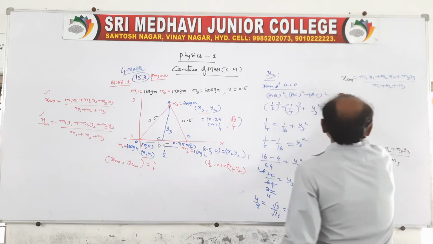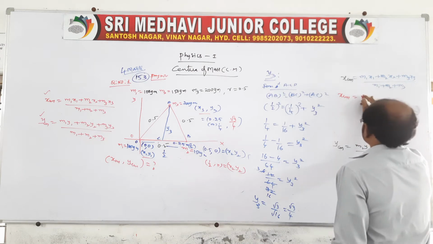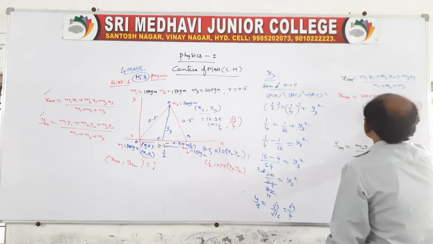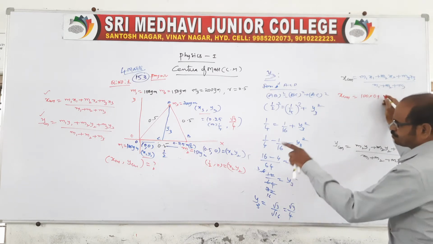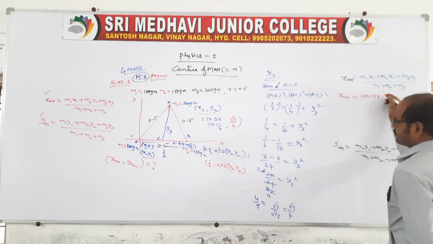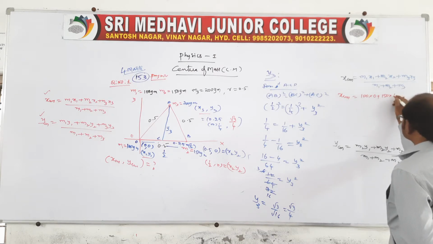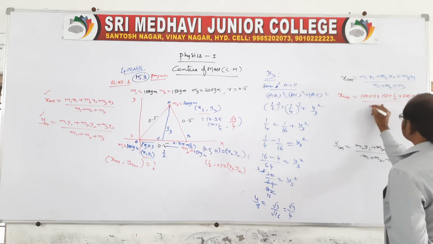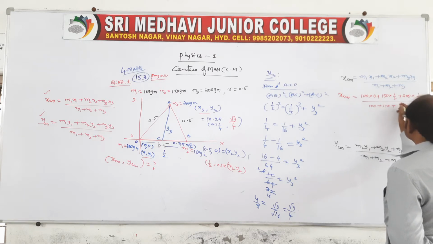So with simple simplification, XCM is equal to m1, which is given as 100, into x1, which is 0, m2 is given as 150, x2 is 1 by 2, m3 is given as 200 and here x3 is 1 by 4, divided by 100 plus 150 plus 200.